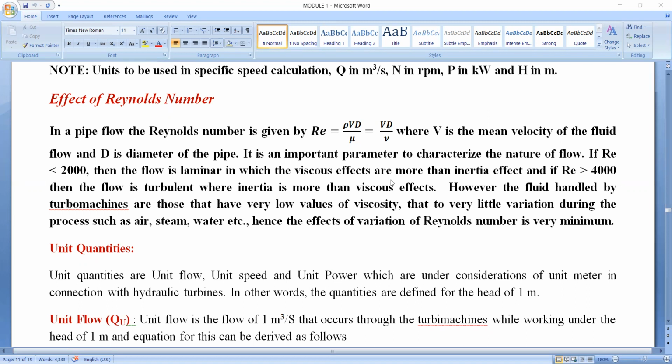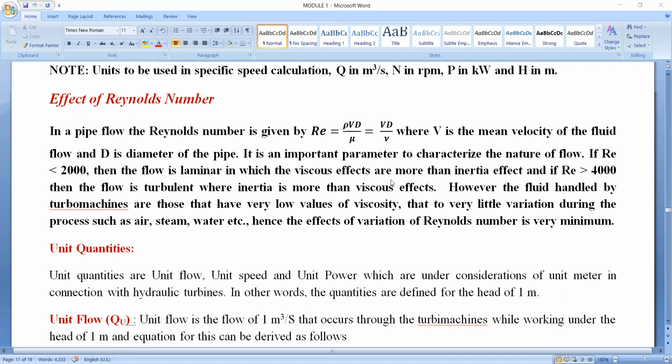We have also seen the significance of those pi terms, or dimensionless numbers, in the analysis of turbo machines. Next we saw the concept of specific speed, and we derived two important equations, namely the specific speed of a pump, for power absorbing turbo machines, and the specific speed of a turbine, for power generating or power producing turbo machines.